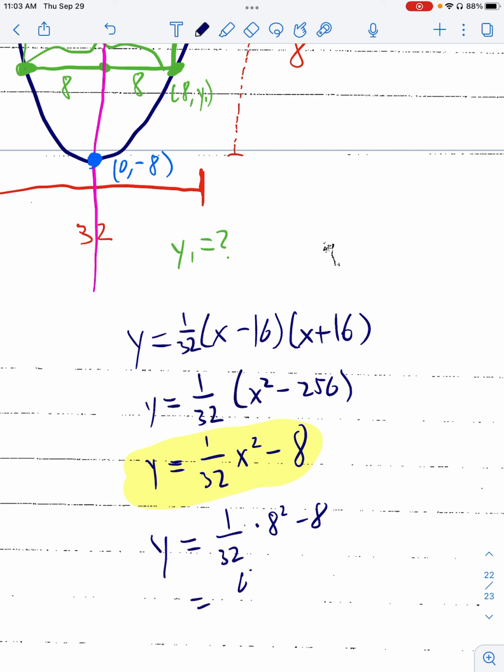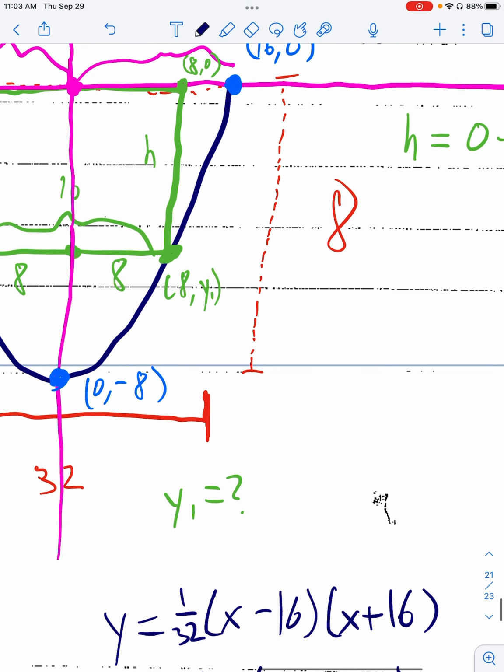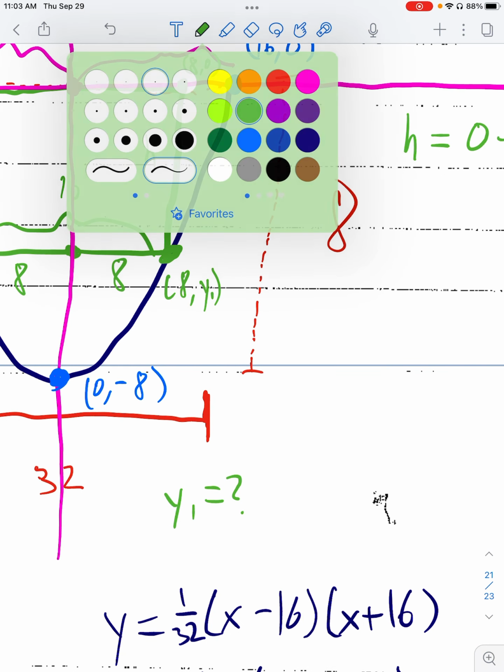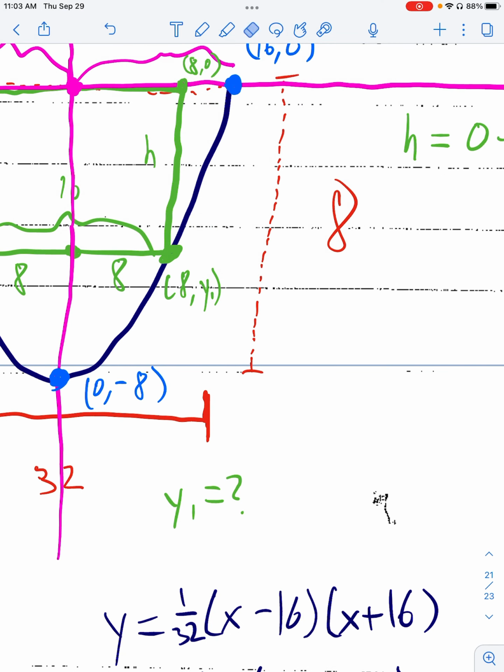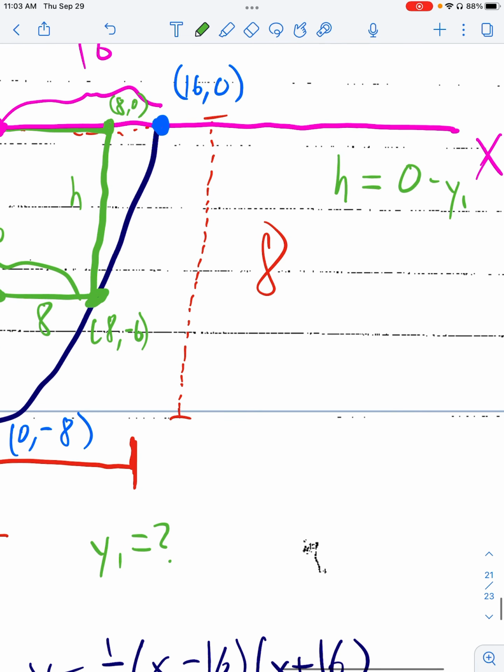It gives us 64 over 32 minus 8, which gives us 2 minus 8, which equals negative 6. So this point is 8 comma negative 6, and my y1 equals negative 6.